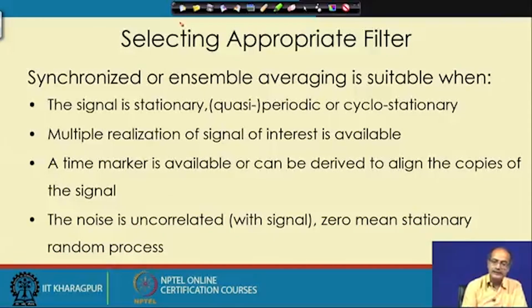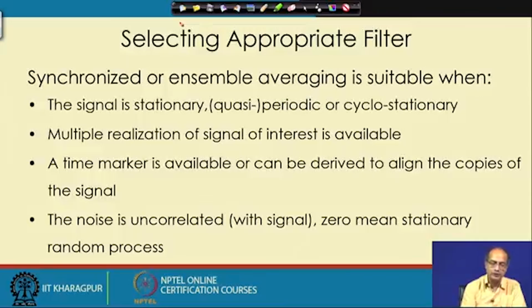Now this technique is very good if we can meet all these conditions, but in many cases it could be difficult to meet all the conditions, and as we need multiple data, having real time operation could be a very difficult task.